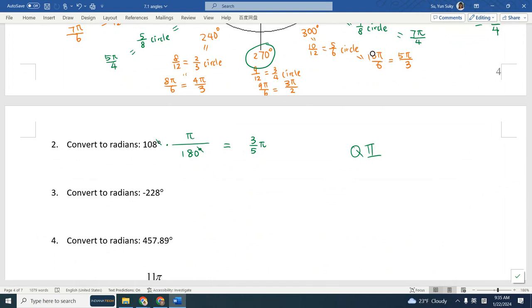Oh, okay. Did you put the pi there? Okay, so let me try the first one. 108 divided by 3.